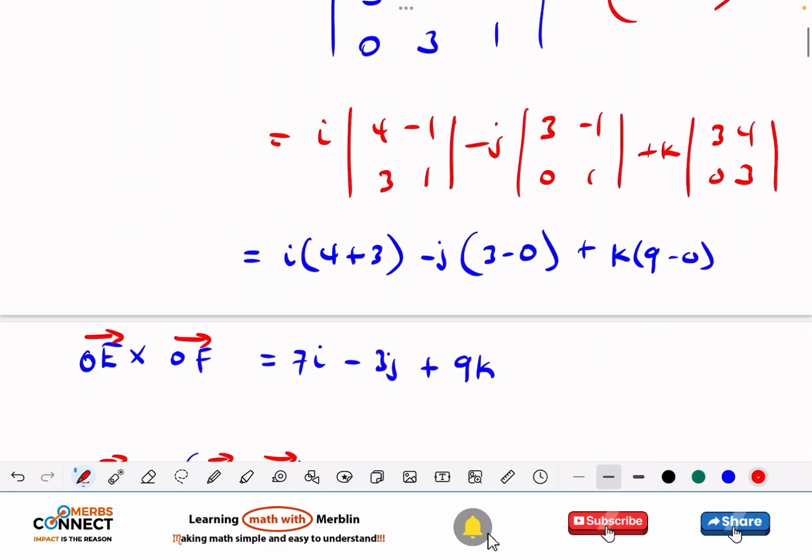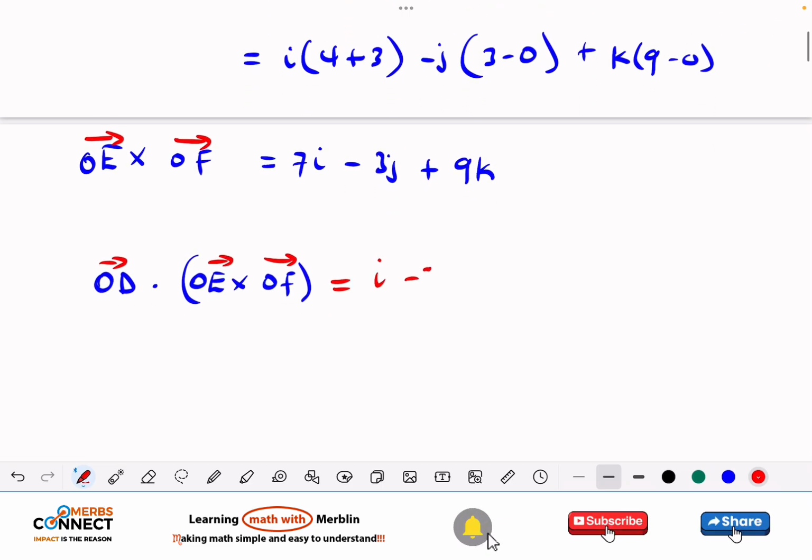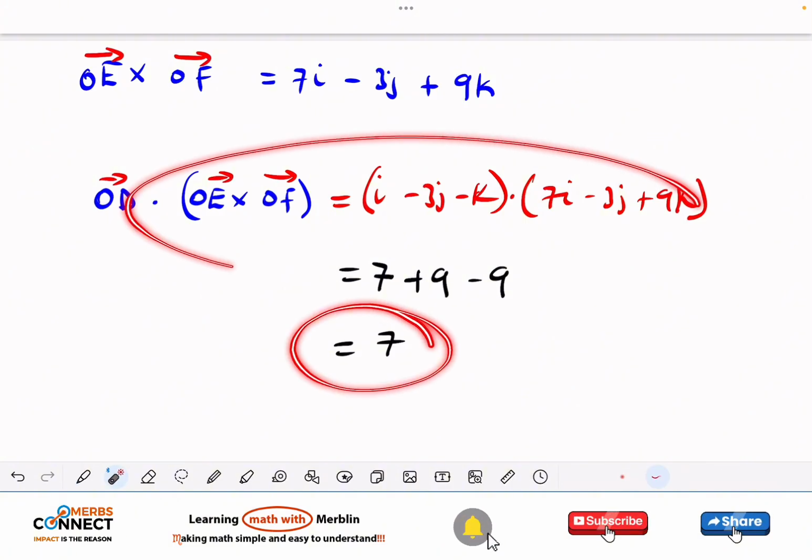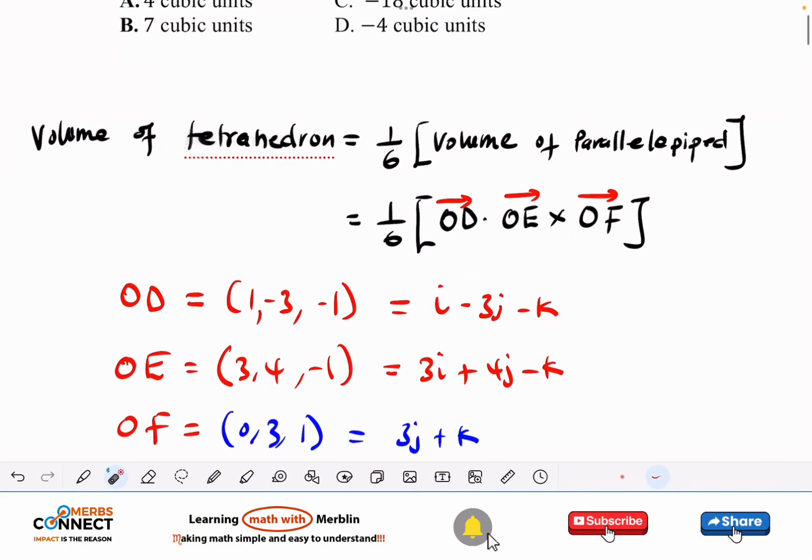OD is I minus 3J minus K, and the one that we just did is 7I minus 3J plus 9K. So for the dot product, we just go direction by direction. This is going to give us 7 plus 9 minus 9, and this is going to give us 7. So now this is giving us 7.